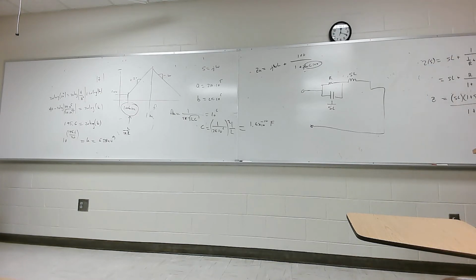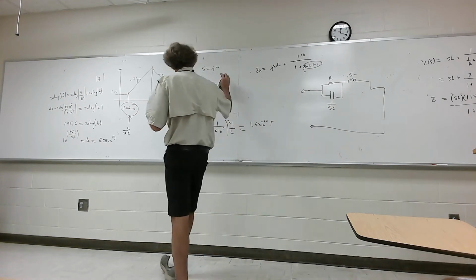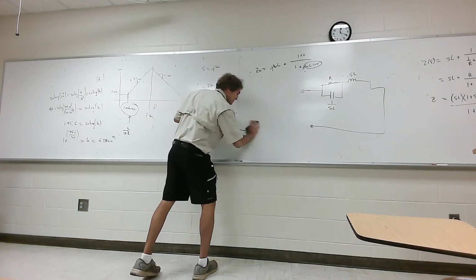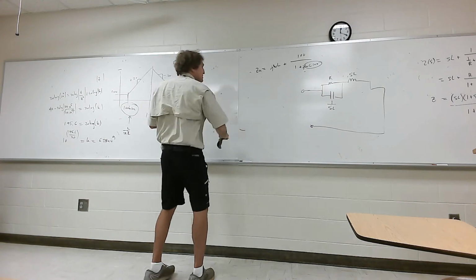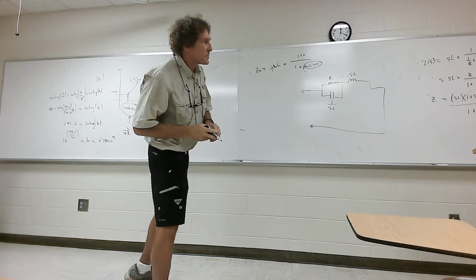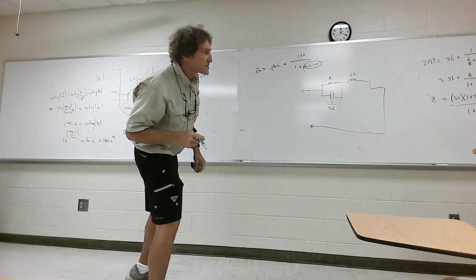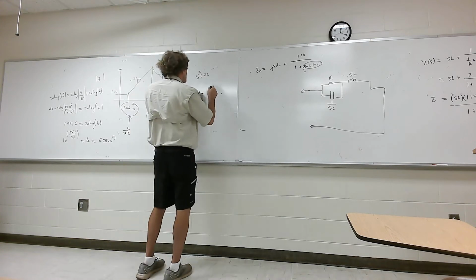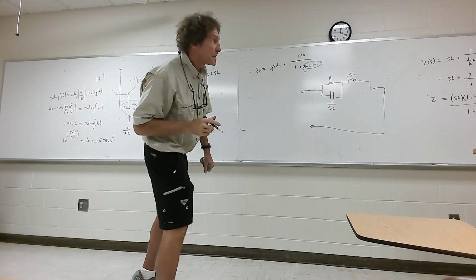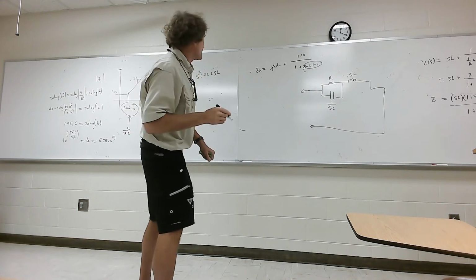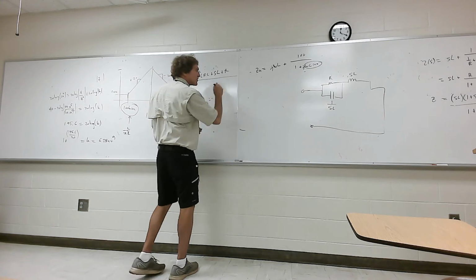Then multiply this out. So then I have S squared LRC, and then it's going to be plus SL, then plus R, over 1 plus SRC.